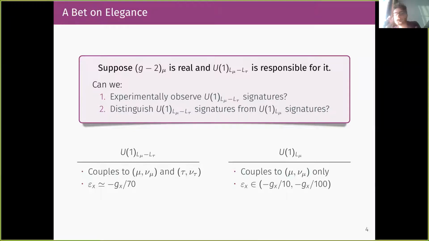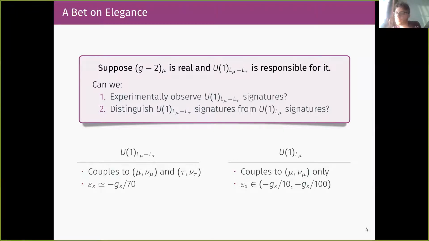So for the L mu minus L tau, the kinetic mixing is actually governed by the mass scale of the tau, in which case you have one specific value for your kinetic mixing of minus g_x over 70.